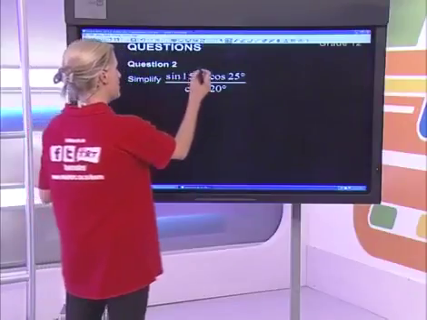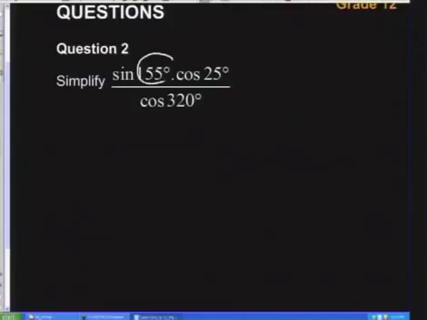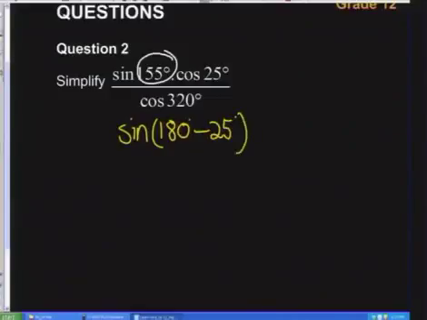Right. So let's have a look over here at the sine of 155. What could I do with that? Well, I could say that that is sine of 180 minus 25. So I'll leave that like that. The cos of 25 is already an acute angle, so there's not much I can do there. I'll just leave that. Right. Then let's have a look at our denominator.